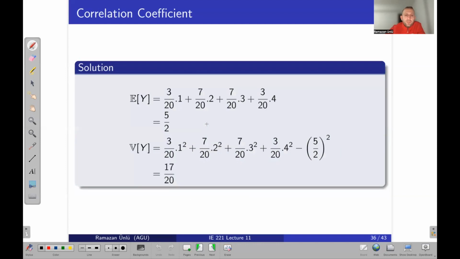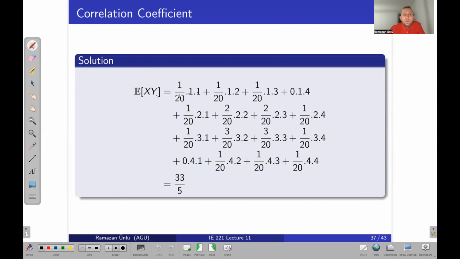So I will simply multiply the corresponding probabilities and the corresponding values, and I will get 33/5 at the end.